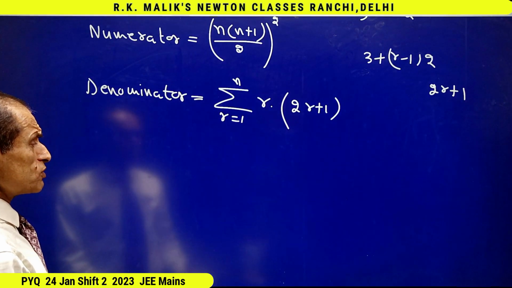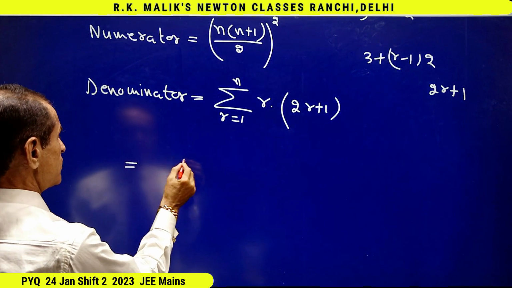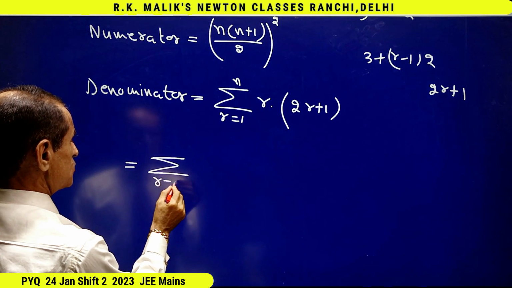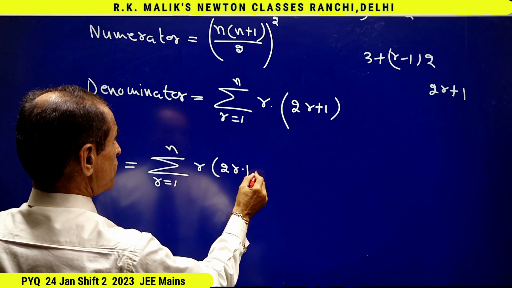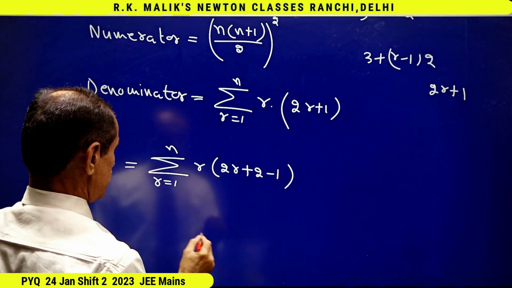To proceed further using that direction, I can write it as sigma R equal to 1 to n R into (2R plus 2 minus 1).